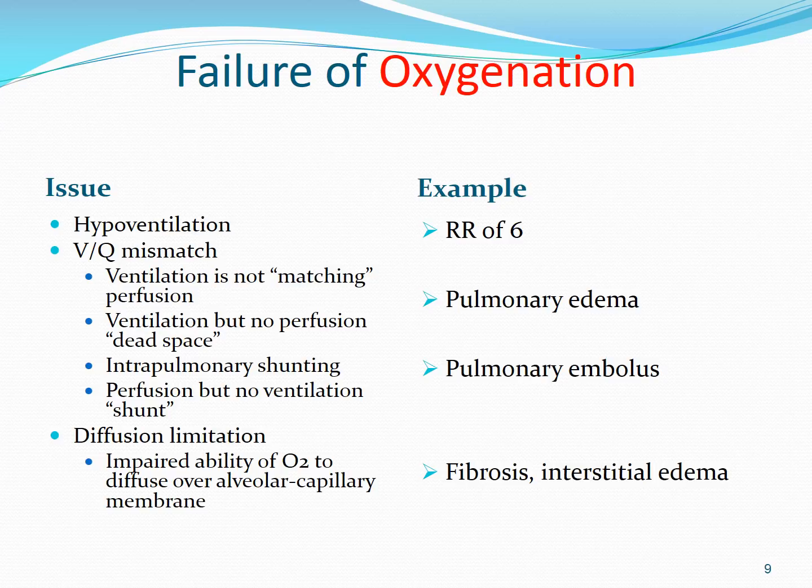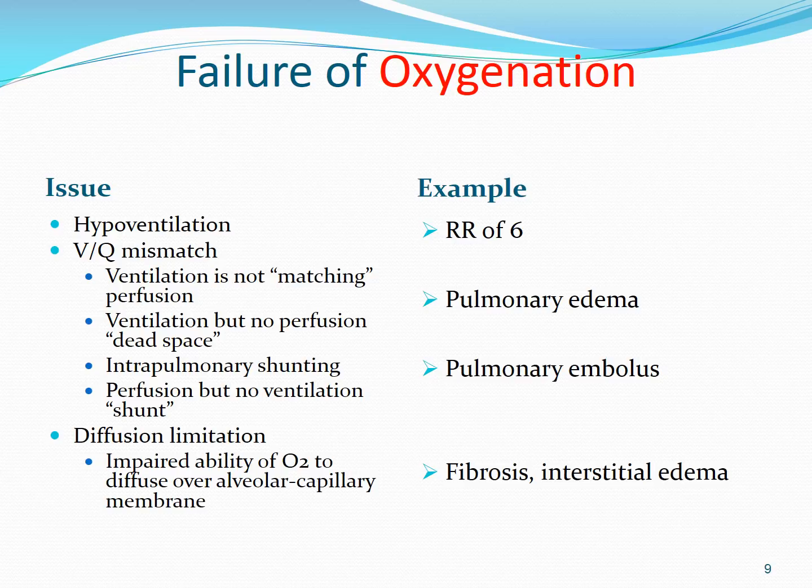Next we have what's called VQ mismatch, and this can be a little bit confusing, but essentially the V stands for ventilation and the Q stands for perfusion. Ideally we would have a great match. We would have great ventilation, great working lungs moving a lot of air, and great perfusion, great blood flow, with capillaries reaching all those alveoli and picking up all of that oxygen.